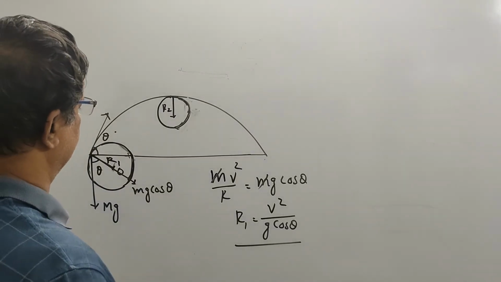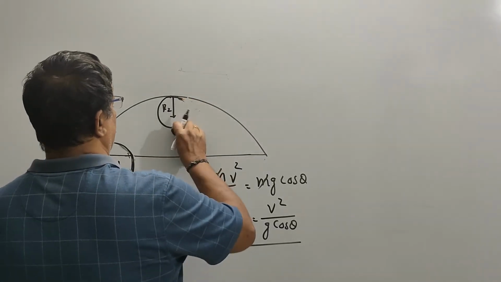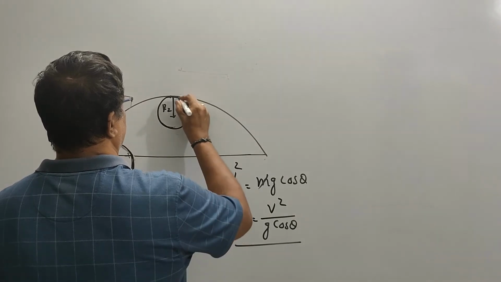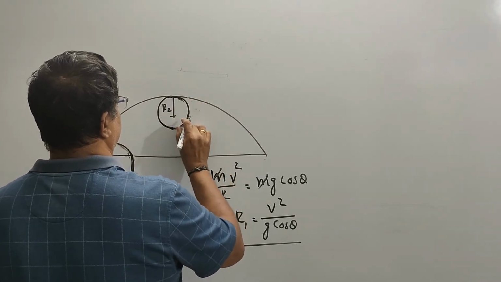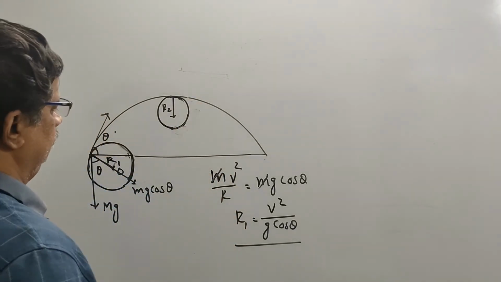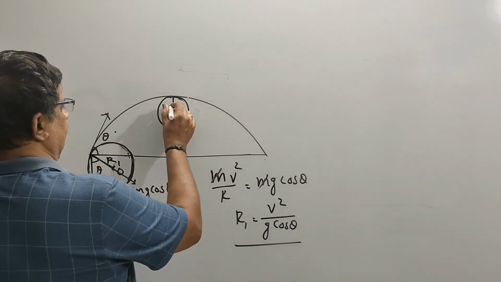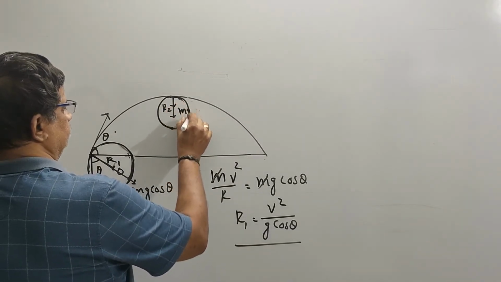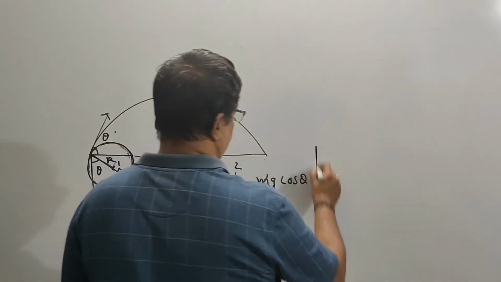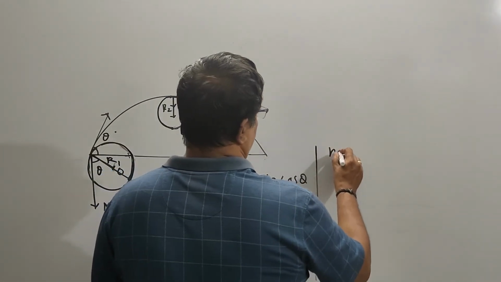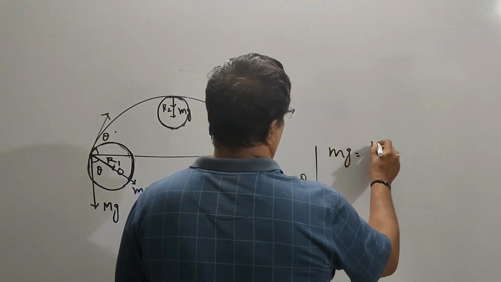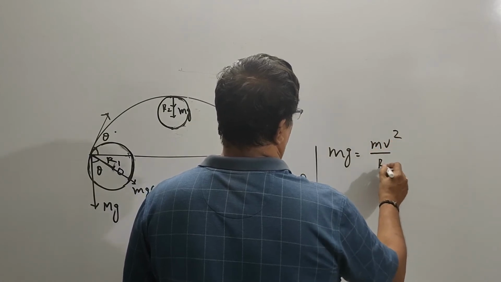So we will call the radius of curvature of the circle drawn at the highest point as r2. Now we know that the weight of the body is acting vertically down through the same line, mg. So mg will now be providing the centripetal force, which is mv square by r2.